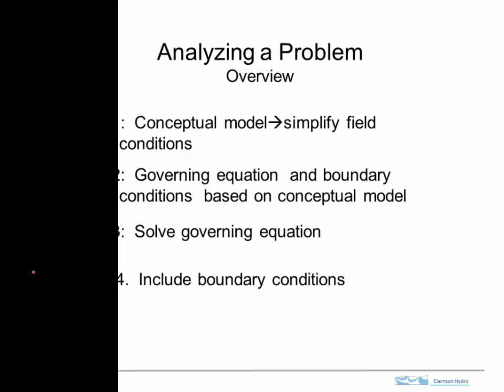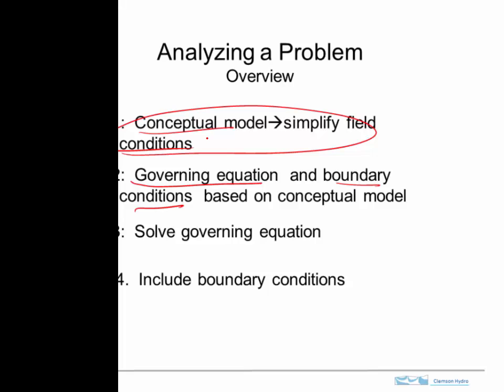Okay, so here is the overview of what we need to do. We need a conceptual model that simplifies field conditions. Generally, we'll develop a sketch that shows the simplified version of the field conditions. We select the governing equation and the boundary conditions that are appropriate for the conceptual model.